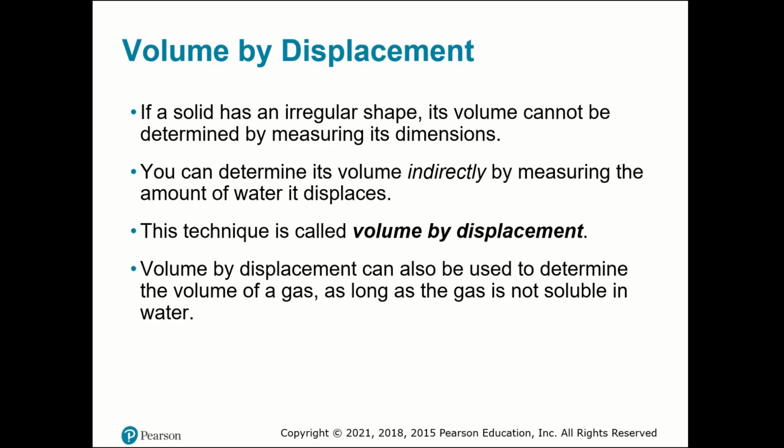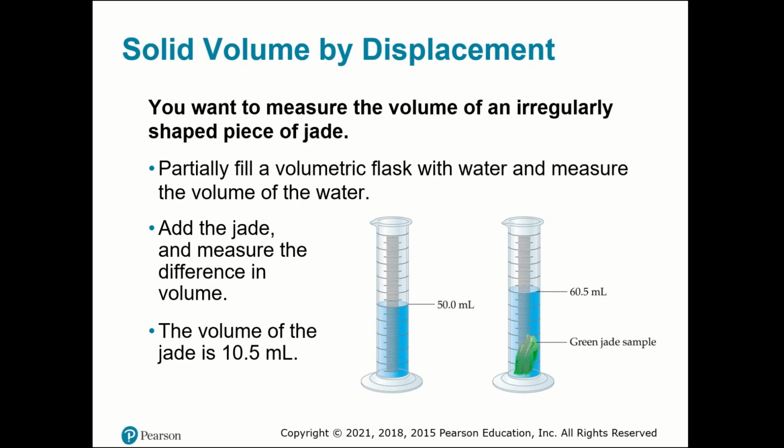So if a solid has an irregular shape, its volume cannot be determined by measuring the dimensions. You can determine its volume indirectly. So how are we going to do that? By displacement. So if you put our object inside of the cylinder over here, the volumetric flask, we partially fill the volumetric flask over here with 50 milliliters. Then we drop the solid that we want to know the volume.